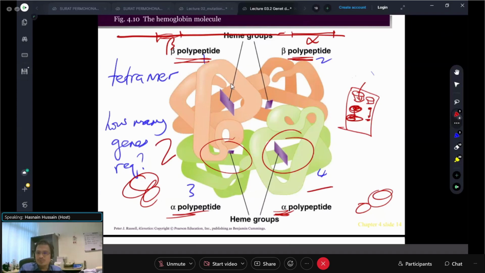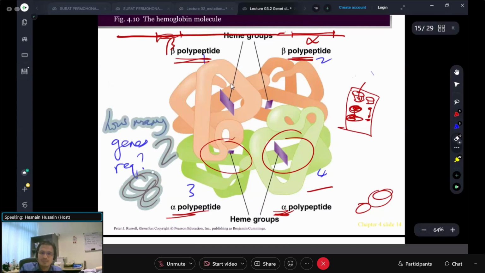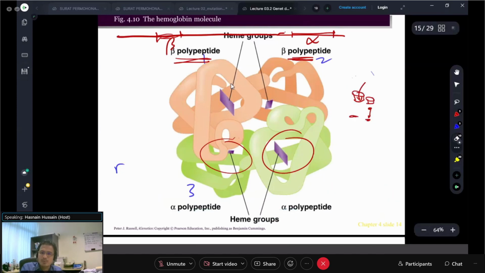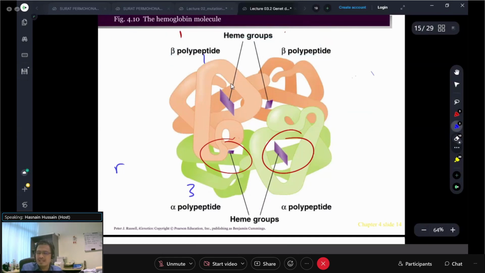You also have to recall, not only for this subject, that when a gene produces a protein, sometimes the protein can exist as a tetramer like this, but they come from the same gene.